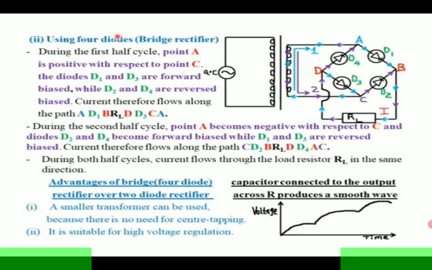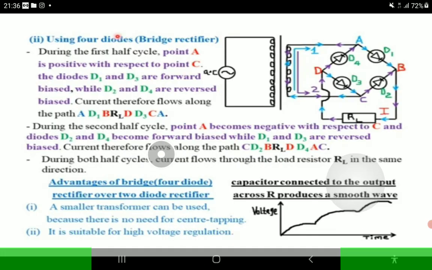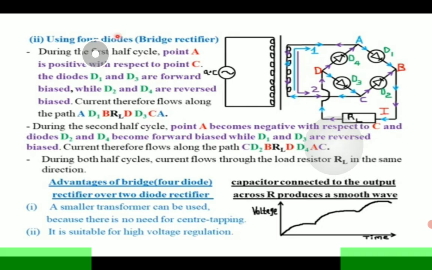Okay, lastly, let's look at the full wave rectification using 4 diodes. When 4 diodes are connected like this, the circuit is called a bridge. It's a bridge circuit. Notice also that we have a transformer which brings in an alternating current.